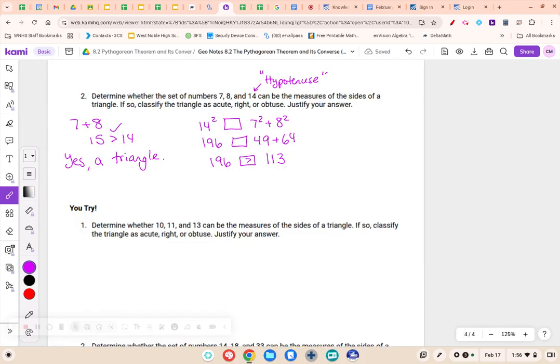So we have to explain. We'll just put it over here. Yes, it's a triangle. The triangle is obtuse because c squared, or our hypotenuse in quotes, is greater than a squared plus b squared.